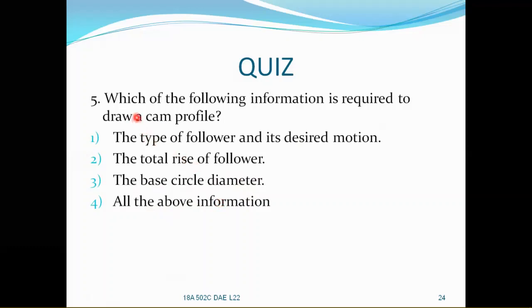As per my knowledge, a total of 3 are required, so 4 will be the answer. All the above information is required to draw the cam profile.